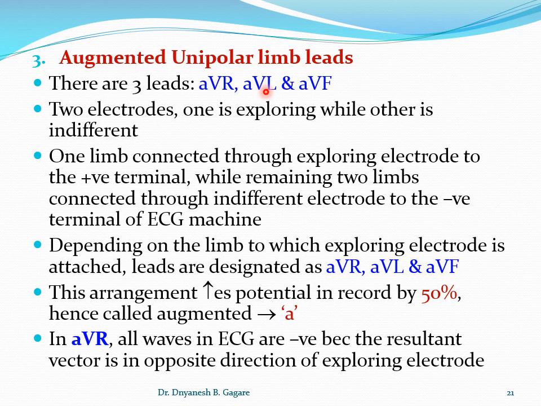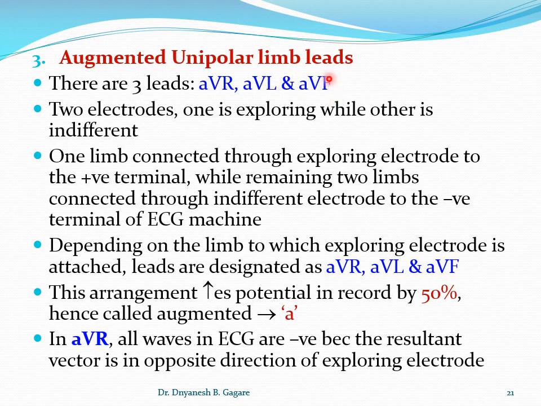If the exploring electrode is kept on the left arm, then it is called AVL. And if it is connected to the left foot, F means foot, then it is called AVF. So this is how connections occur. I will show you the diagram. So students, in this designation, A indicates augmented, the letter V is used for voltage, R is right, L is left, and F is the left foot.